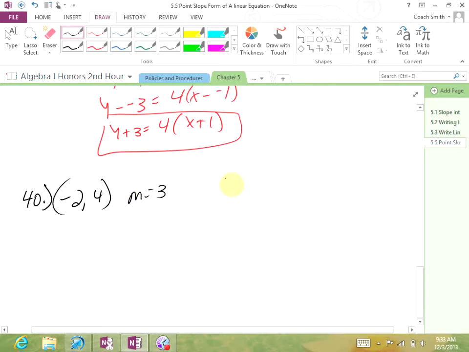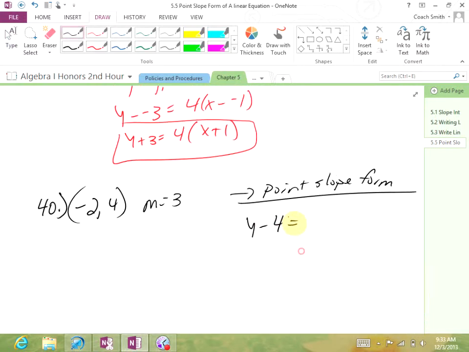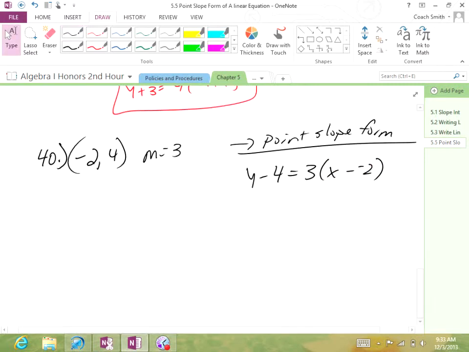So the first thing they want is point slope form. If I put that in point slope form, I have y minus 4 equals slope of 3, x minus negative 2. So that's y minus 4 equals 3 times x plus 2.